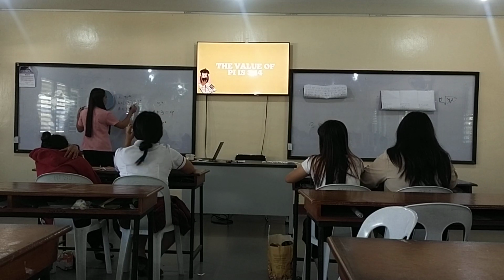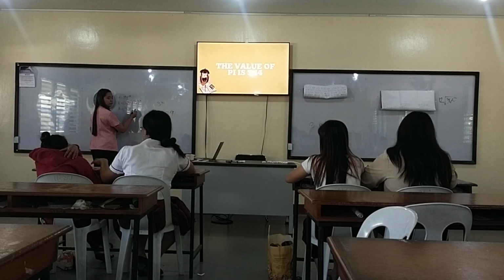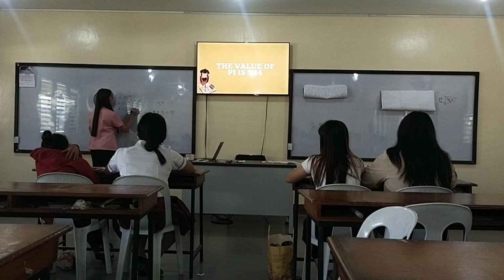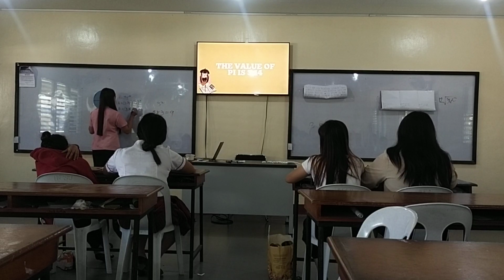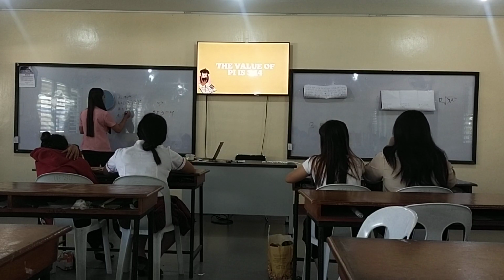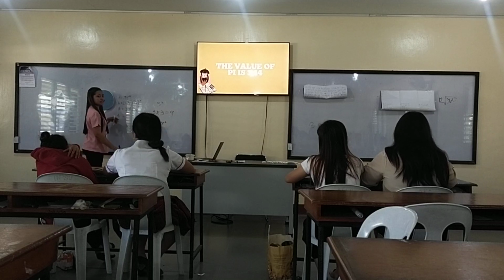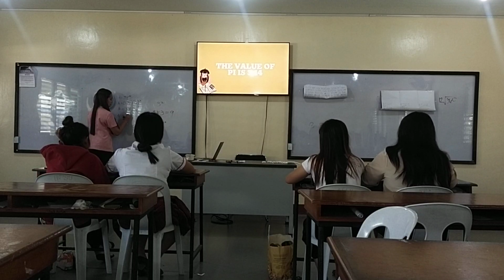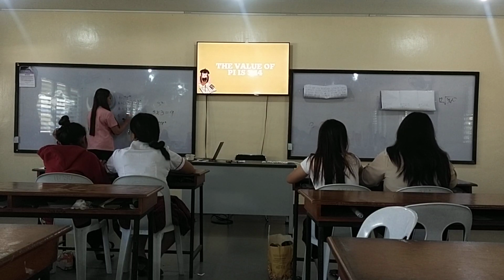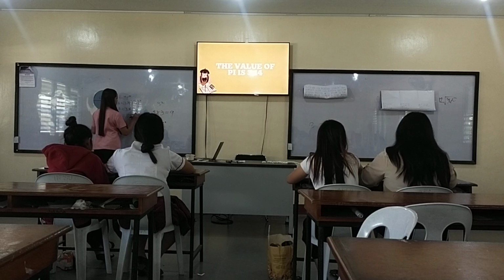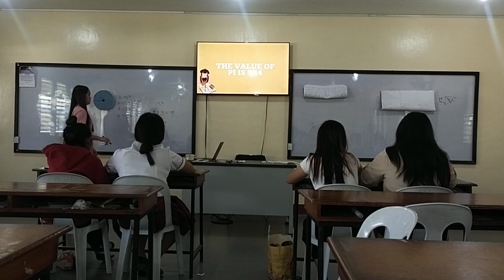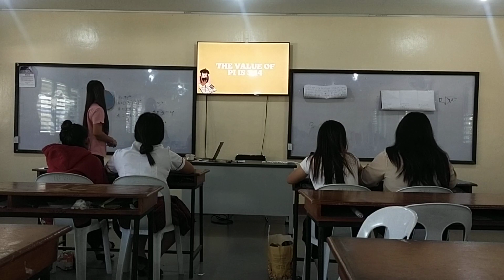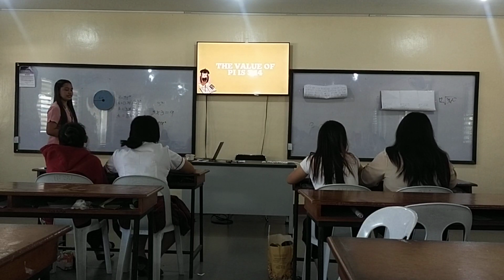What is the square of 6? 36. Very good. So 3.14 times 36 is equal to 113.04. Did you understand, class? Yes, Mom.